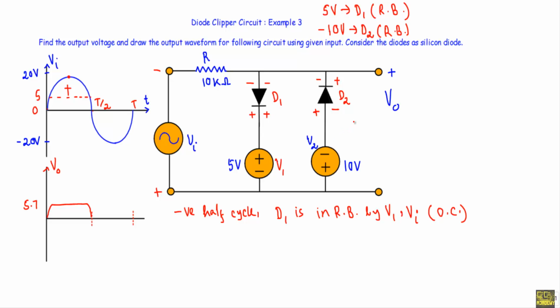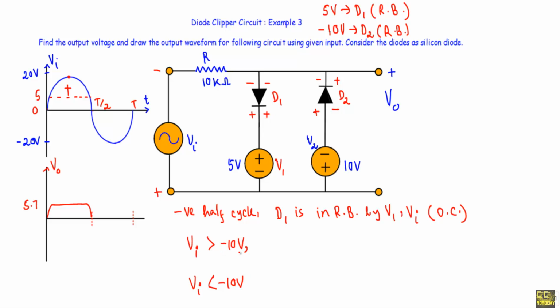Therefore, we will have two cases when our Vi will be greater than minus 10 volt. Another case is when Vi will be less than minus 10 volt.